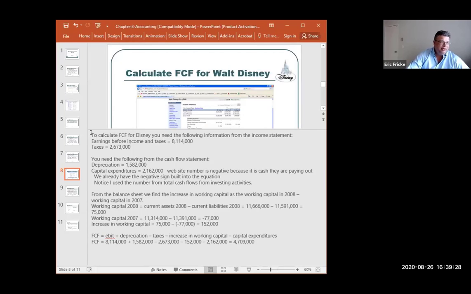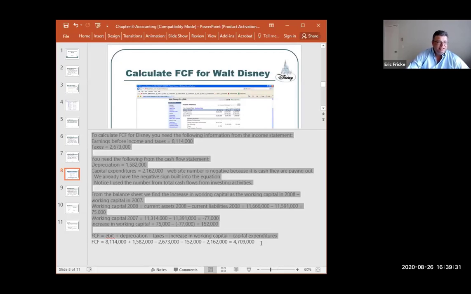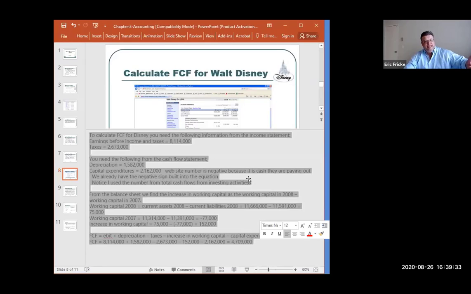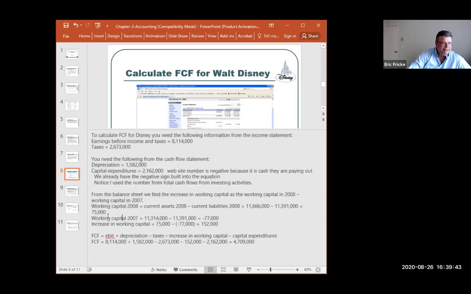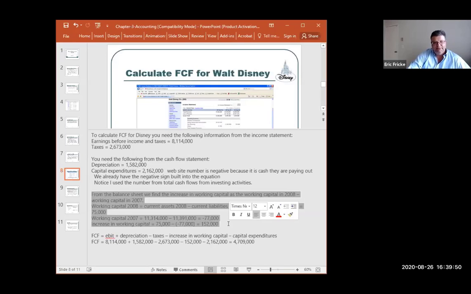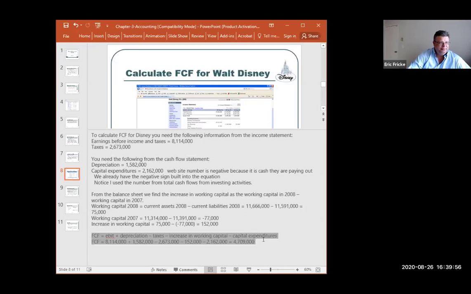But in these notes, you can see the steps I went through, and it has the cash flow statement from 2008 on Disney, including how to calculate working capital. Here's the part on working capital, so you can go through and see it all typed out. And then here's the final calculation with free cash flows.